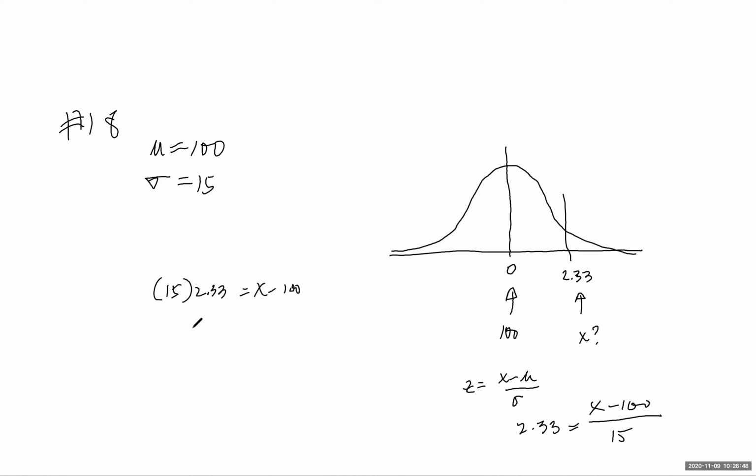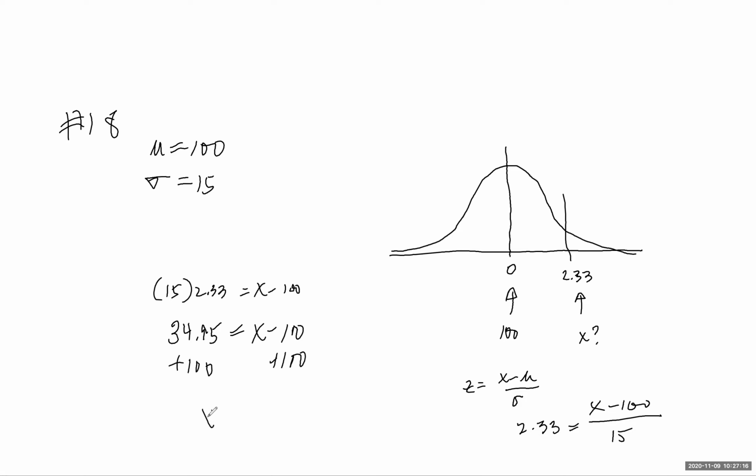And 15 times 2.33, what's that, 35? Let me just check that. 15 times 2.33 is 34.95. That's X minus 100.